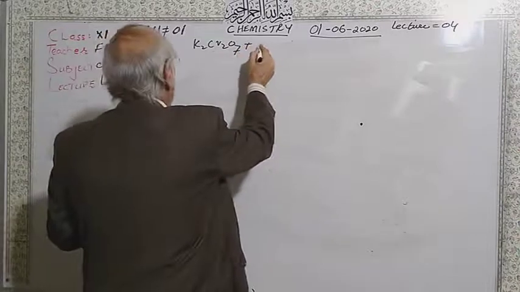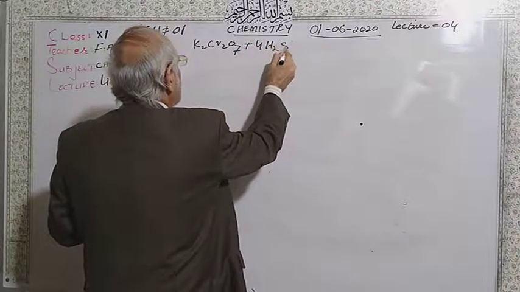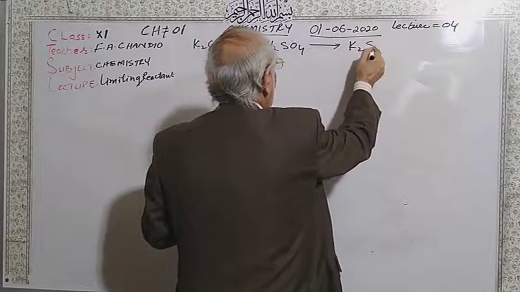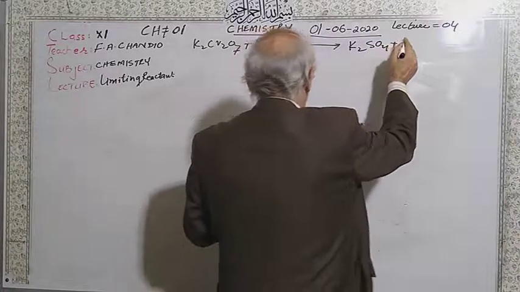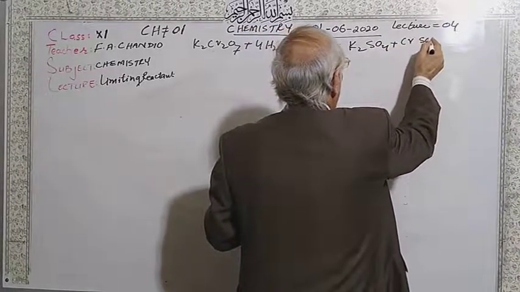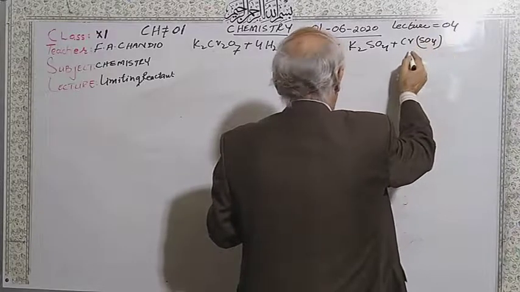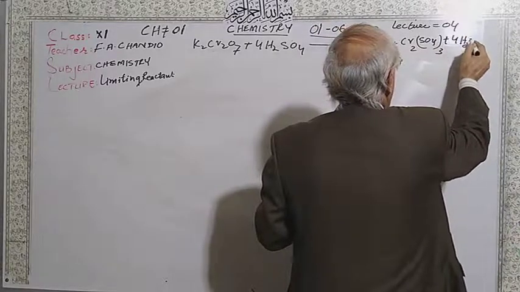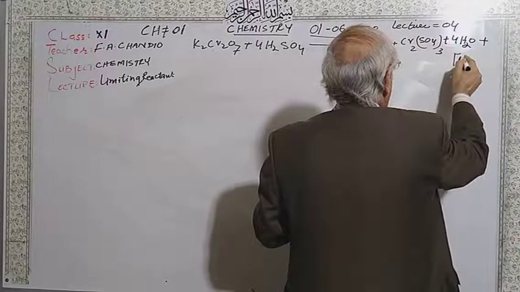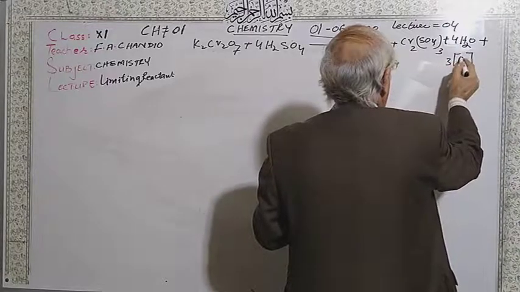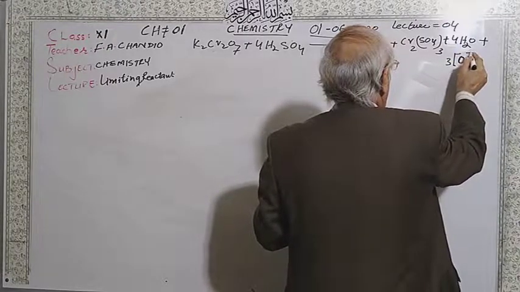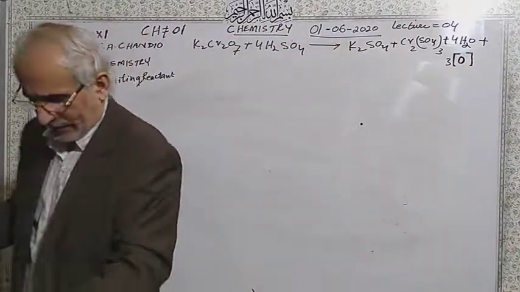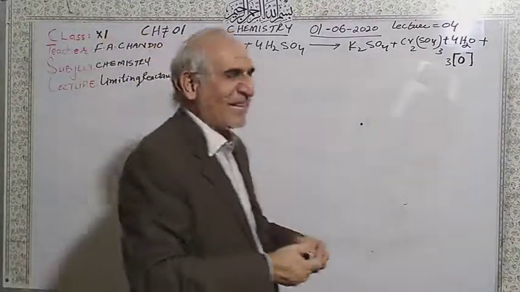This is the potassium dichromate. 4 moles of sulfuric acid to produce 1 mole of potassium sulfate and 1 mole of chromium sulfate, 4 moles of water and 3 moles of atomic oxygen, or in the chemistry language we call it nascent oxygen.